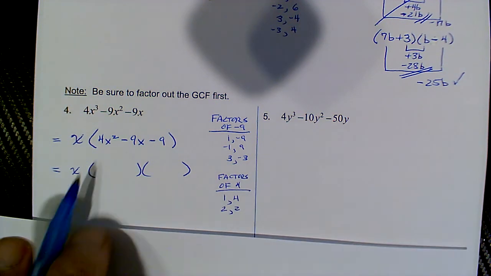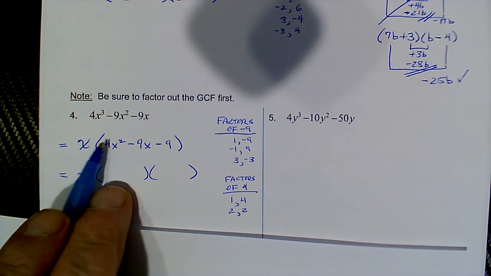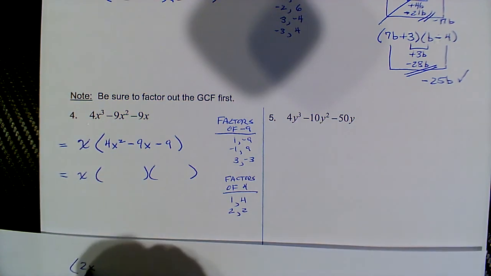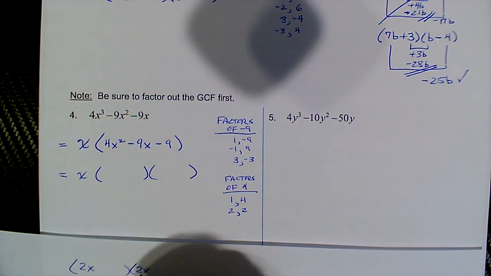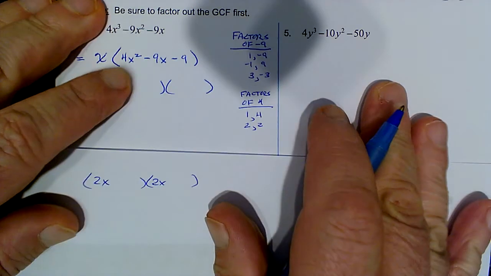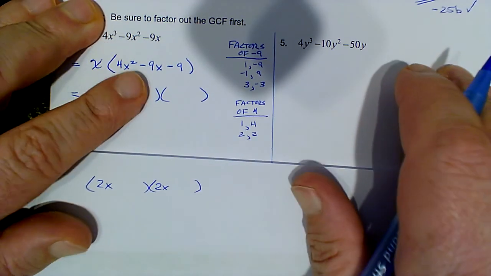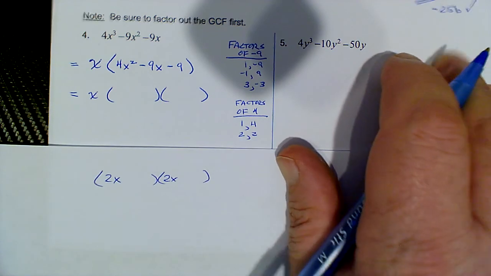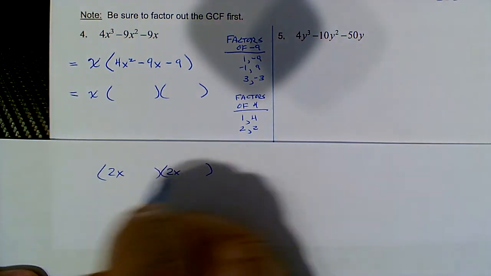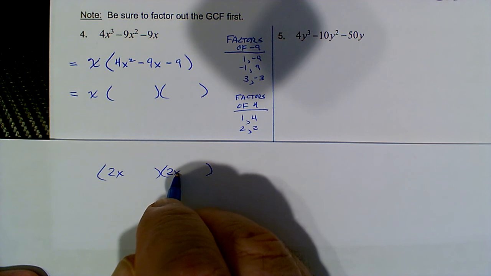Now both would be positive because we're talking about the first term. So it could be 2x split up as 2x and 2x. Now again, you don't have to write this down because I want to show all the ones that don't work and then we'll get the one that does finally. But it could be 2x and 2x because that would give us the 4x squared for the product of the first.